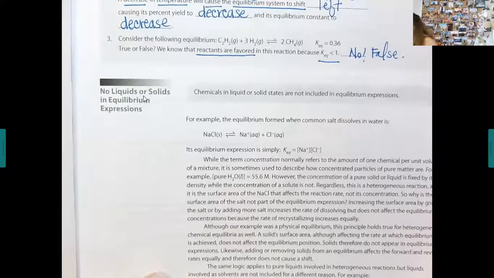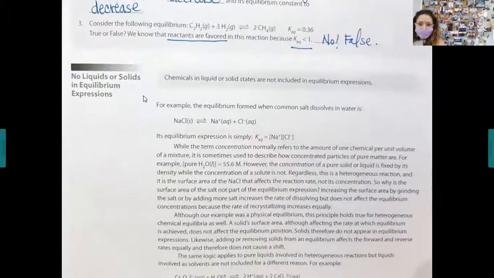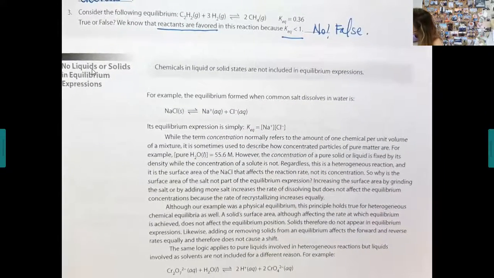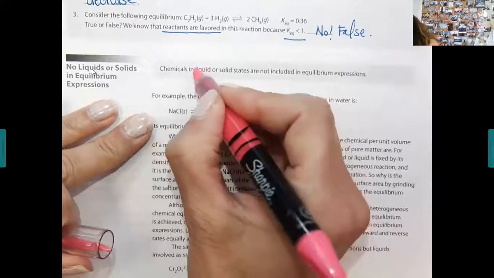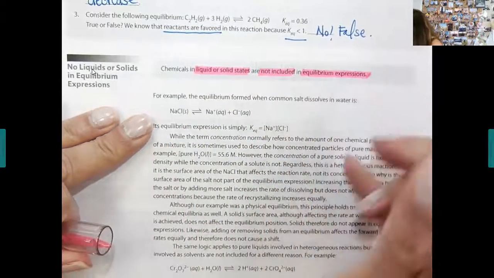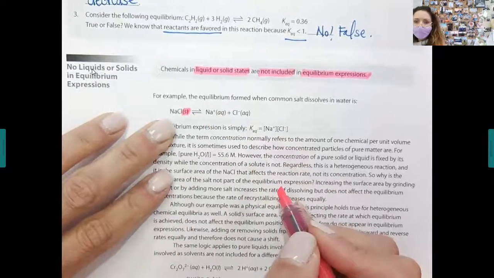Okay, let's go on to the next section. No liquids or solids in equilibrium expressions. So liquid or solid states are not included in equilibrium expressions. If you take a look here, I have NaCl solid.